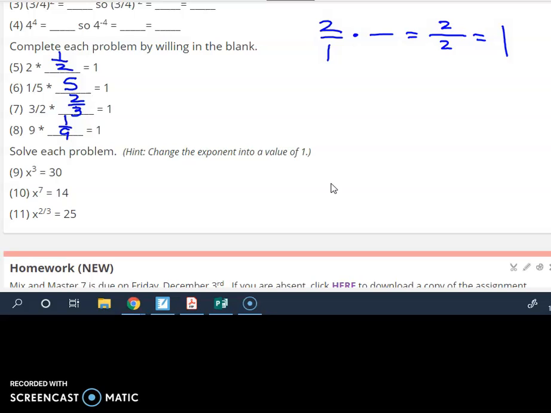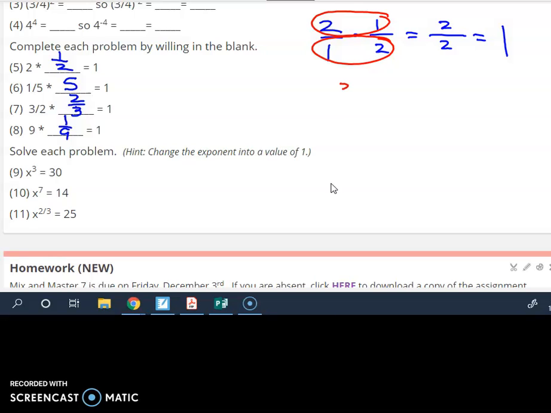And so if I want to get a 2 over 2, which equals 1, then the numerator of the second fraction has to be a 1, and the denominator of that second fraction will be 2, so that when I multiply across 2 times 1 and 1 times 2, I'm going to get 2/2, which is 1.